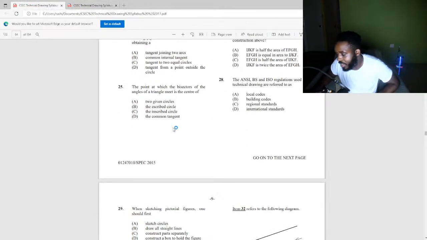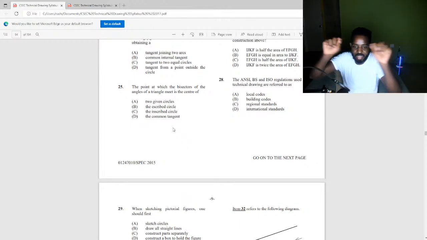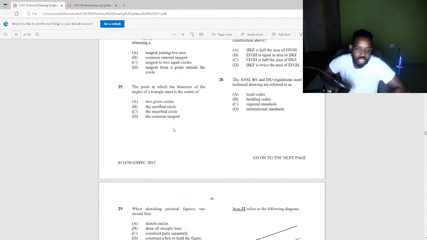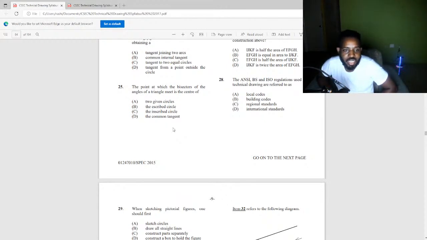Number 25 says, the point at which the bisectors of the angles of a triangle meet. When you bisect the angles, it is the center of the inscribed circle.